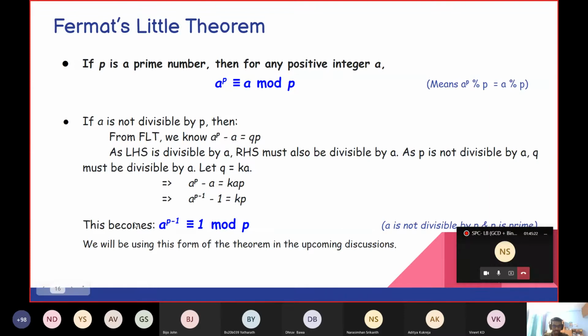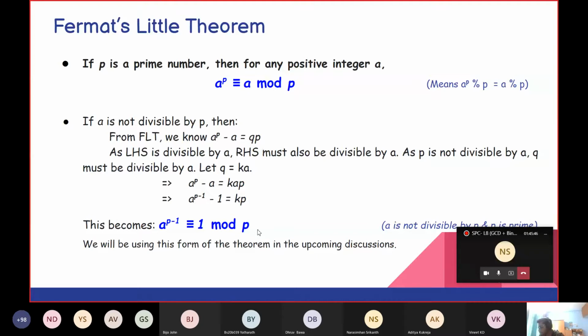This is also Fermat's little theorem only. It's just that if a is not divisible by p, you can write it in this neater form. The nice thing is you have a 1 here, so a^(p-1) when divided by p gives a remainder of 1. This theorem is very crucial in our future discussions. Do you have any doubt in the statement of the theorem and what we have brought it to?